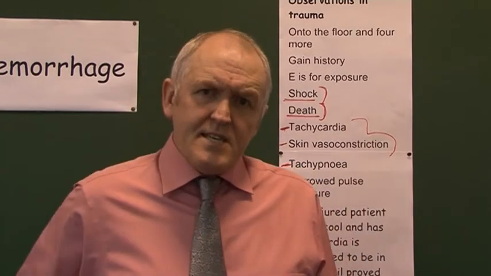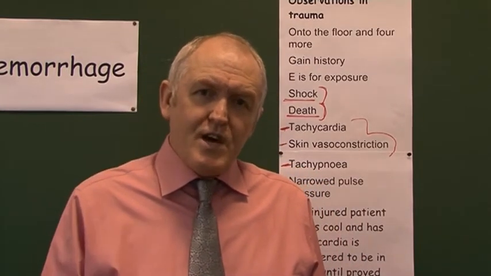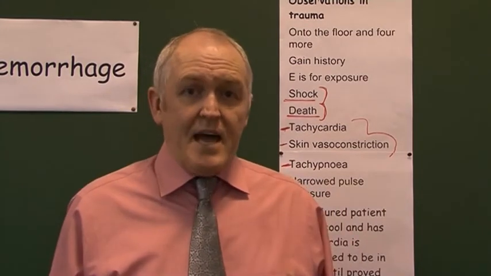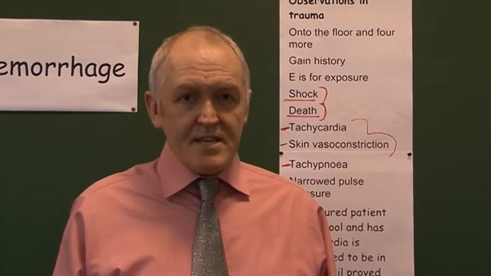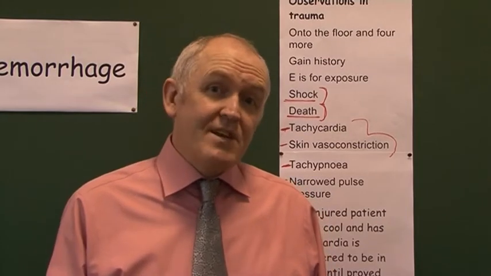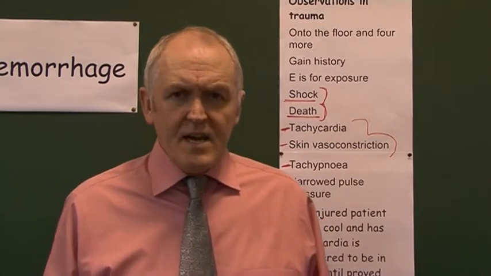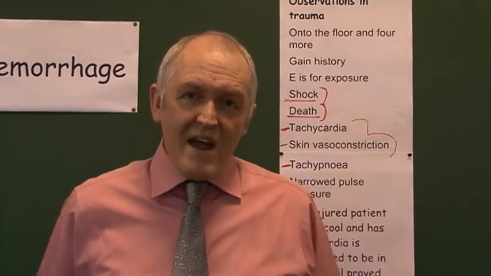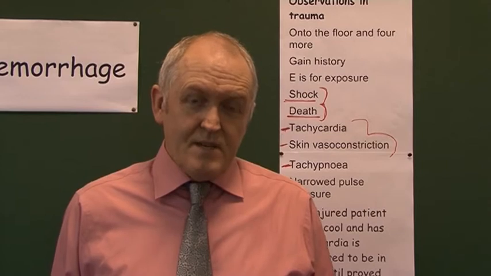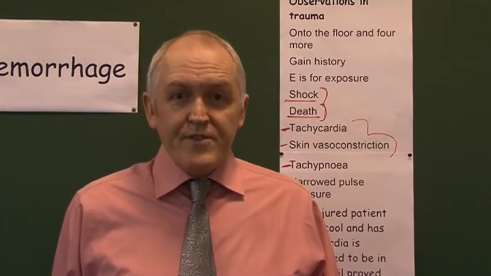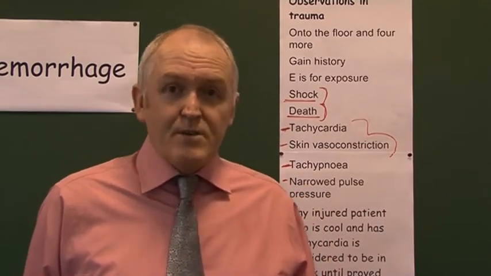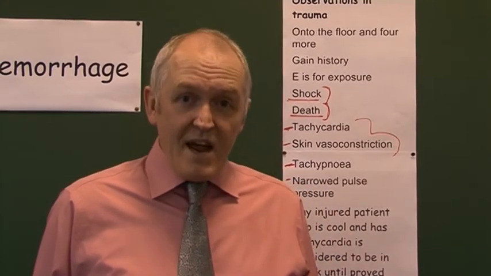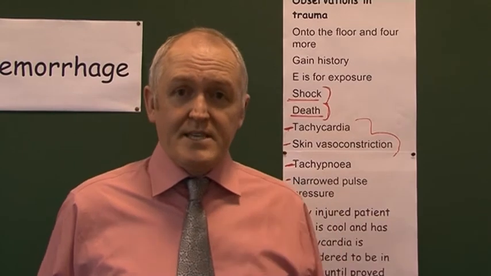Now the reason for this is that when the blood pressure starts to drop, that's detected by the brainstem. That initiates sympathetic activity and the release of adrenaline. And the adrenaline will vasoconstrict the blood vessels, and that will raise the diastolic blood pressure. So paradoxically, one of the first blood pressure changes you might come across in hemorrhage is that the diastolic pressure is actually raised while the systolic pressure is maintained.